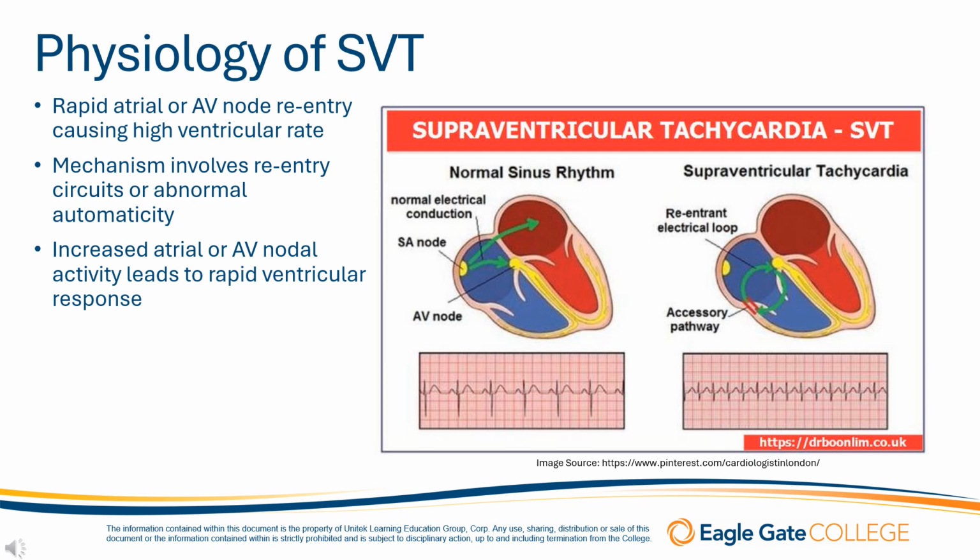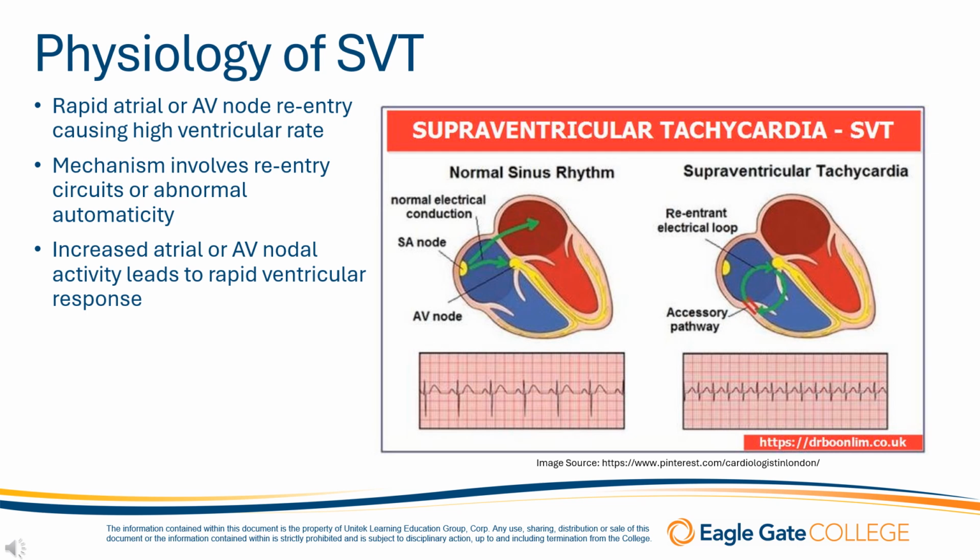This rapid rate is primarily due to abnormal electrical activity originating above the ventricles, specifically in the atria or at the atrioventricular node. The rapid re-entry of electrical impulses within these areas leads to a high ventricular response rate, causing the symptoms associated with SVT.